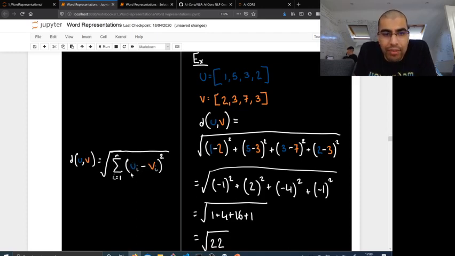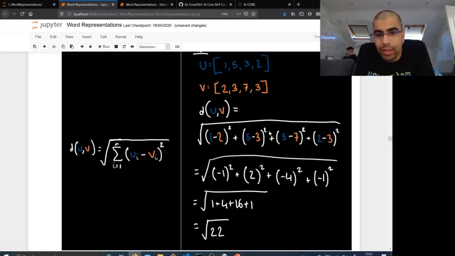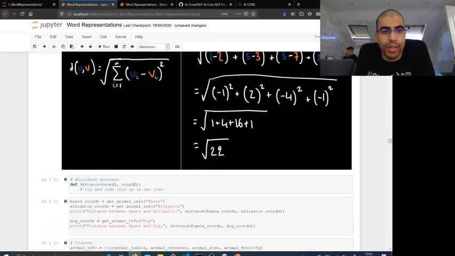Take the ith element from the first vector, subtract it from the ith element in the second vector, square that, sum it over all the elements in the vector, and then take the square root. So here we can see 1 minus 2 squared, 5 minus 3 squared, 3 minus 7 squared, 2 minus 3 squared, all square rooted, and we get the answer of root 22.